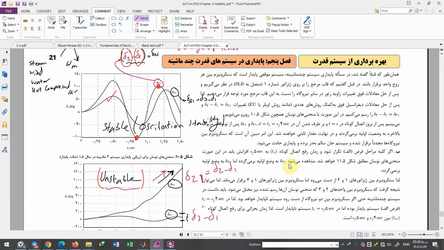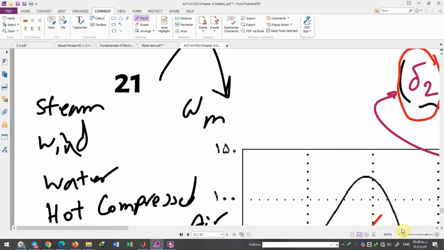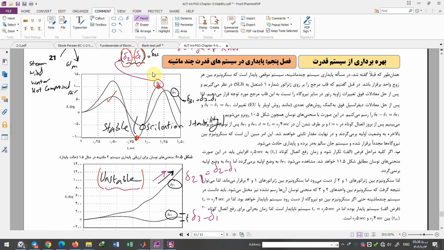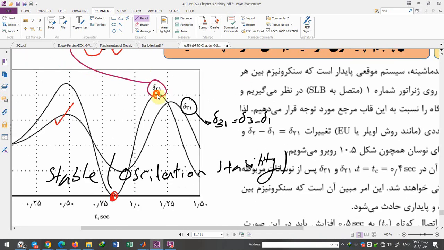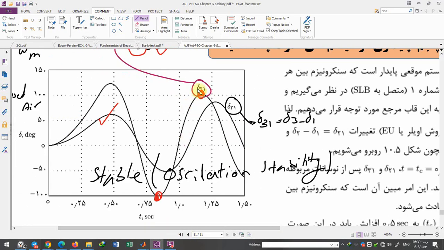After solving this set of differential equations, we can draw delta 21 and delta 31 as the synchronism between generator 1 with 2 and generator 3 with 1, and you can see this oscillation.